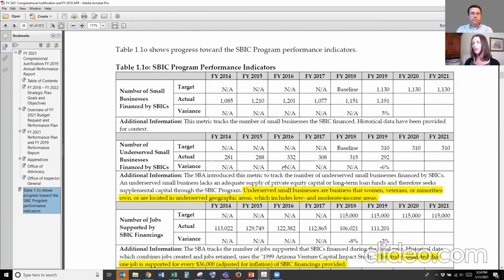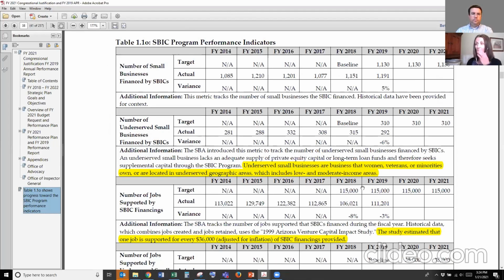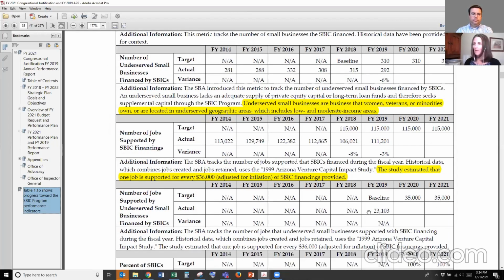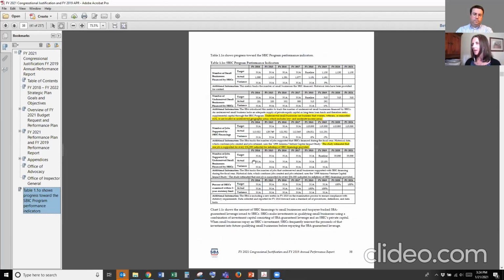Okay, so these are metrics on the underserved businesses. They're businesses that women, veterans, and minorities own, or they're located in underserved geographic areas, which are the LMI areas. So this also has additional demographic information, the number of jobs supported by the SBIC financings, and it also has demographic information, I think on the next page back here.